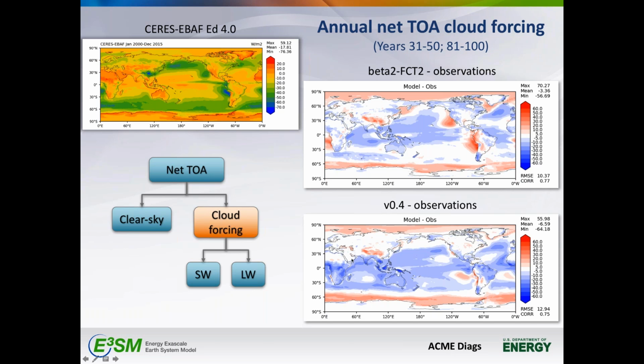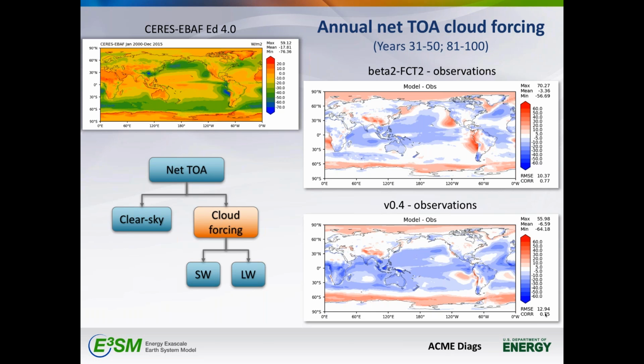You see large improvement over Africa, for example, and over South America as well. I think a significant improvement. Some degradation over North America here. But overall, it is still much better with RMS of 10.3 versus 12.94.